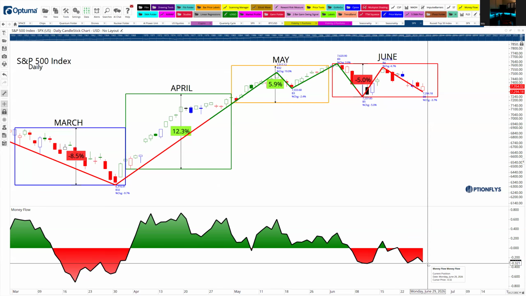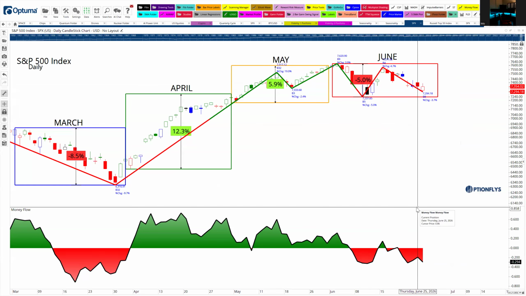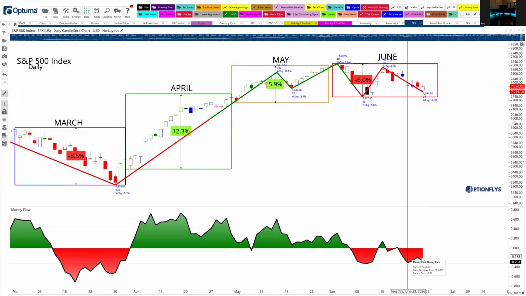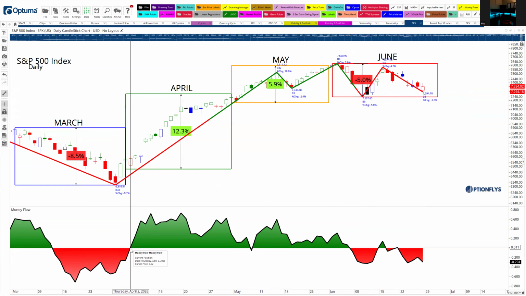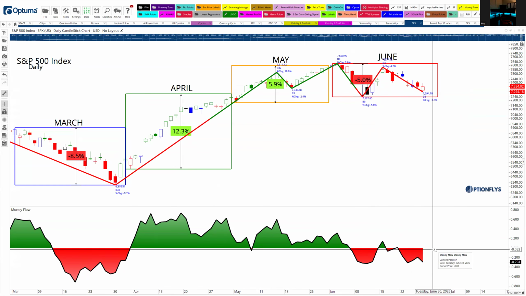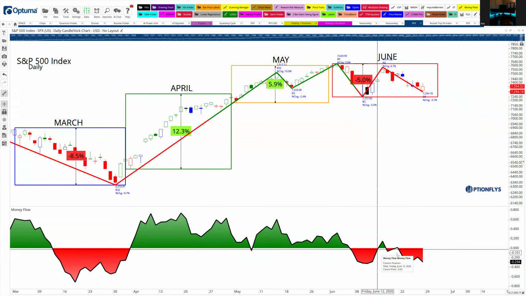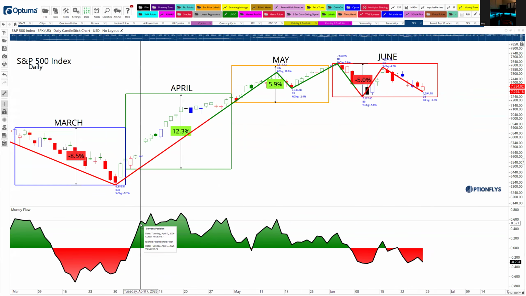It depends: if the price keeps making lower lows, or the price is not moving up much, the money flow just stays red. So it will take several days for this to go right back to the zero line and then start to turn green again.